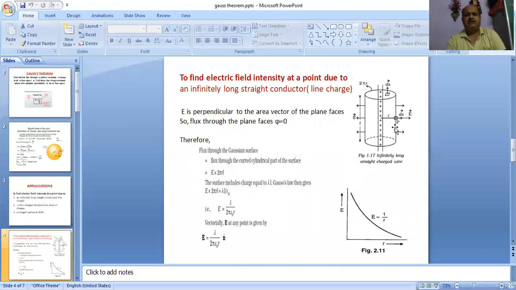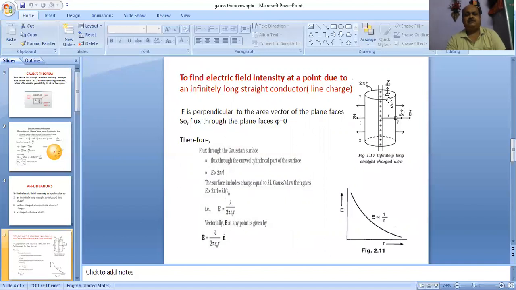From the figure, you can clearly understand that for the plane faces, this face and this face, the area vector is perpendicular to electric field. So according to the formula, phi equals E S cos theta, the angle is 90 degrees, so flux will be 0.